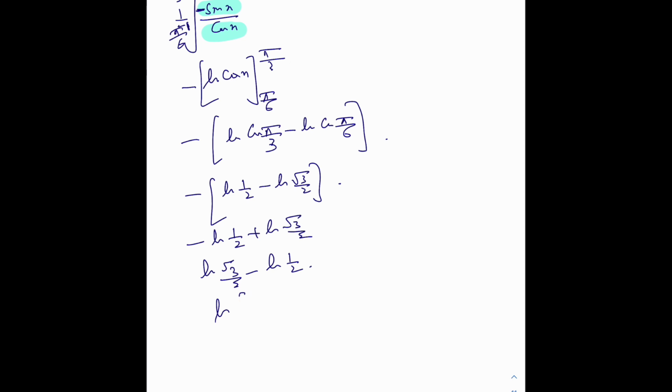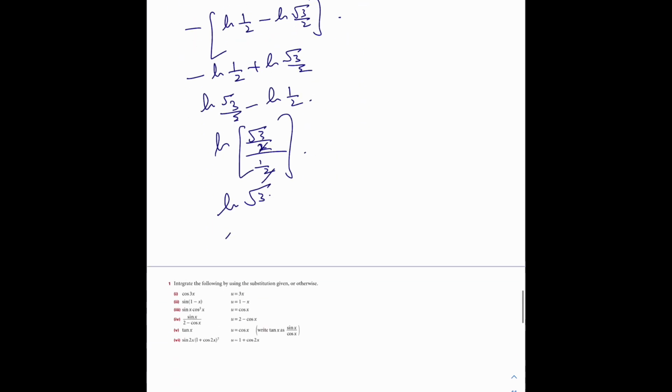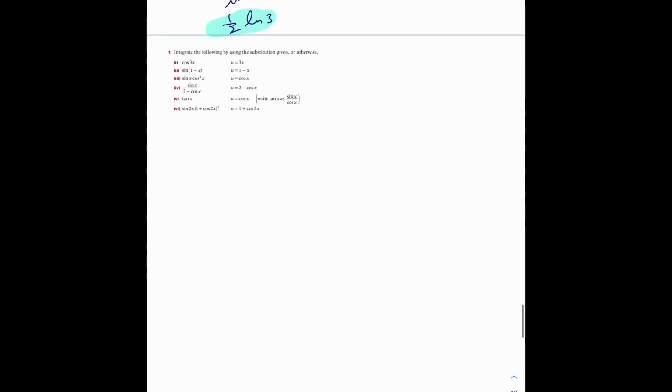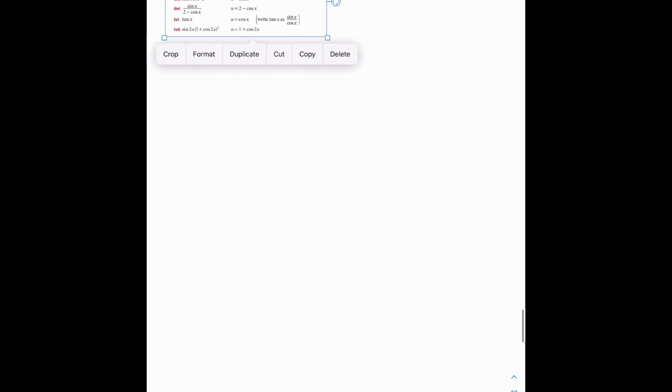That means I can use the quotient law, root 3 upon 2 divided by 1 upon 2. 2 and 2 cancel out, you're left with root 3. Root 3 can also be written as 3 to the power half, which can be written as half ln 3. So either you give this as the answer or that as the answer. Both are correct. Okay, moving on to this question.